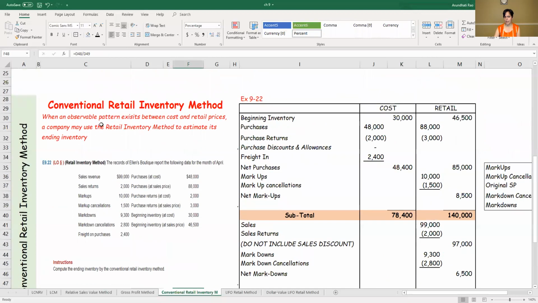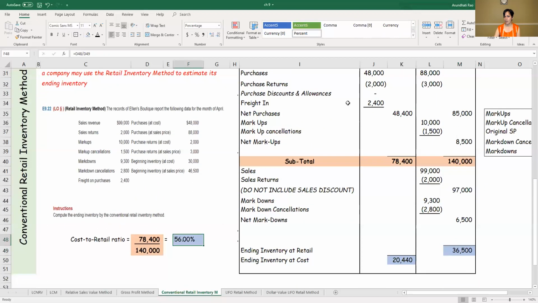Remember what we said? There's an observable pattern between cost and retail. So all along I've been able to observe that pattern. So I'm saying if the cost of the inventory on the floor, the retail cost, what I can sell it for is 36,500, it means the cost of the asset is 56% of that, which is 20,440.